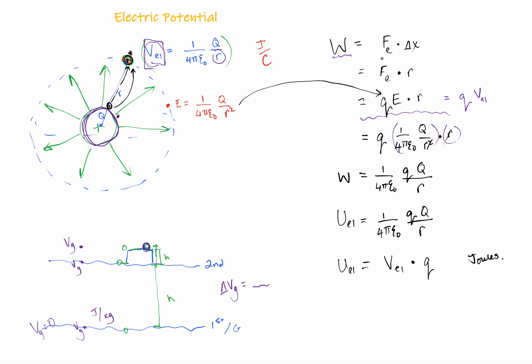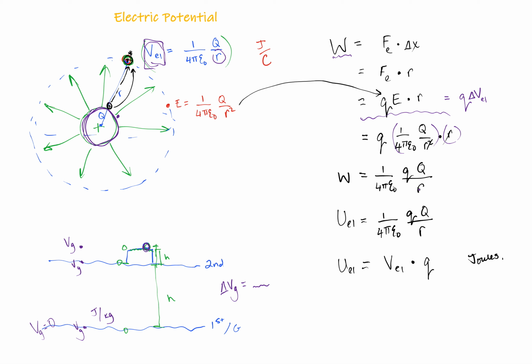So when we're describing the amount of work that needs to be done to move a charge in a field, it's actually not good enough to say Q times V. It's rather better to say Q times delta V, because it's assuming that somewhere you start is zero, and then you move outwards.